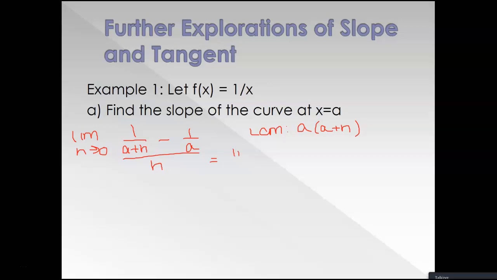So that means this is going to become the limit as h approaches 0. Multiplying that first term, we get that it becomes a minus, because this one needs the a, the second one needs the a plus h, all over a times a plus h, now all over h.